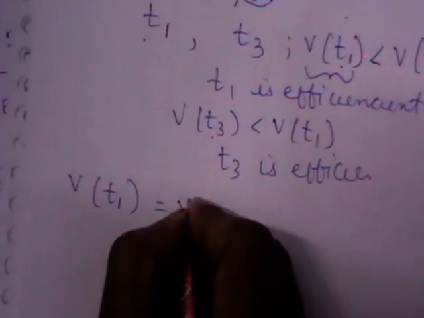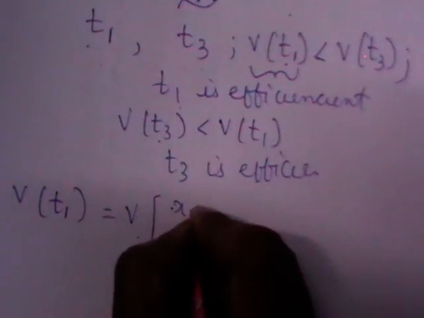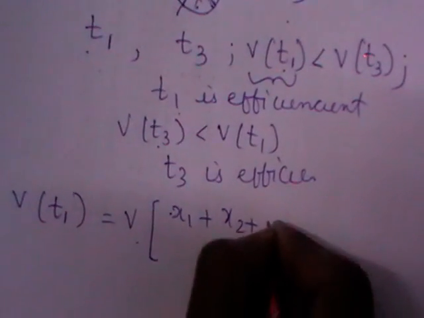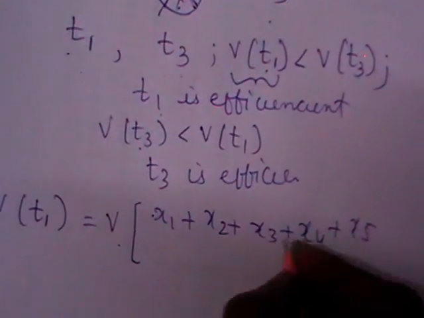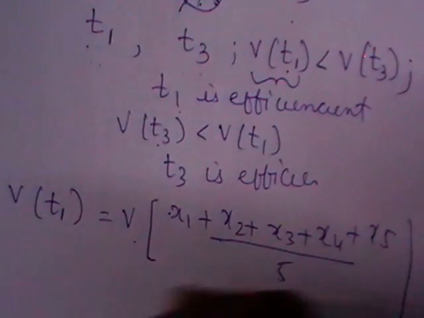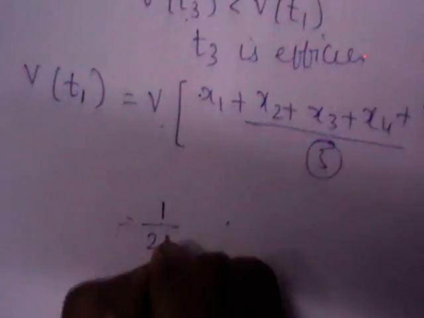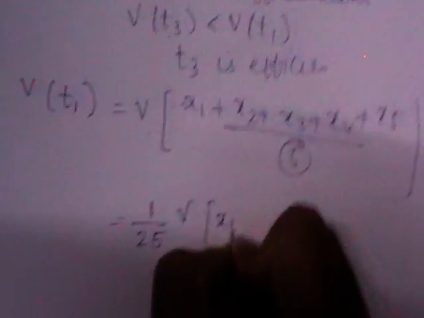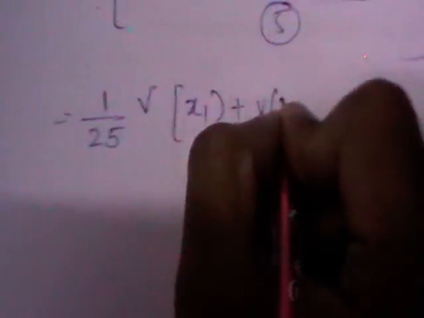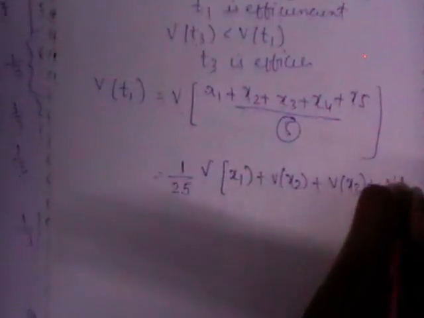Let us find the variance of T1. What is the expression for T1? T1 is x1 plus x2 plus x3 plus x4 plus x5 by 5. I said that whenever a constant comes out of the variance, it is always squared. So 1 by 25, variance of x1 plus variance of x2 plus variance of x3 and so on, up to variance of x5.